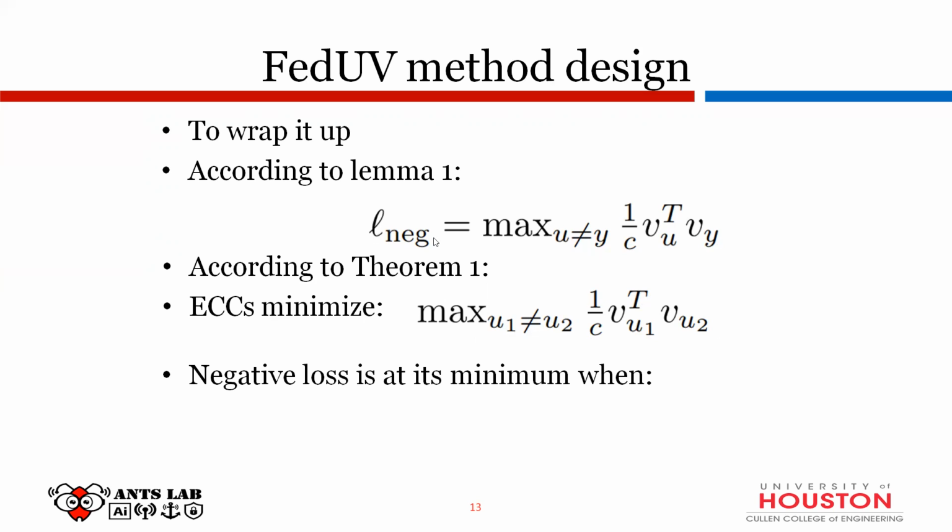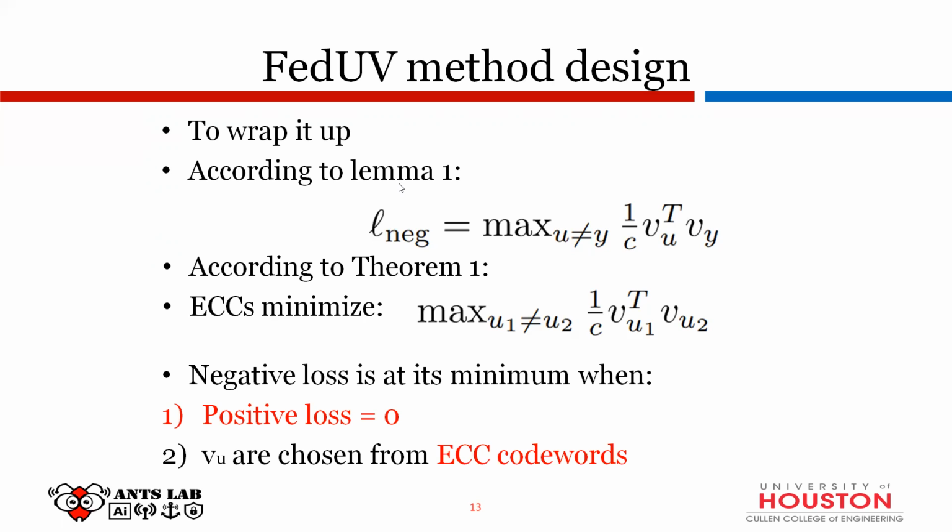If we look at those two, lemma 1 and theorem 1, we can say that negative loss is at its minimum when, first of all, positive loss has to be 0. This is what we established in lemma 1, right? And the vectors are chosen from the ECC code words, because the ECC code words accomplish the same thing our algorithm requires.